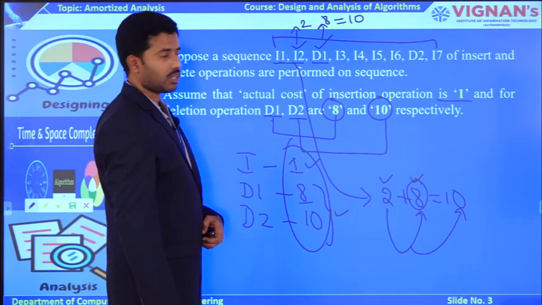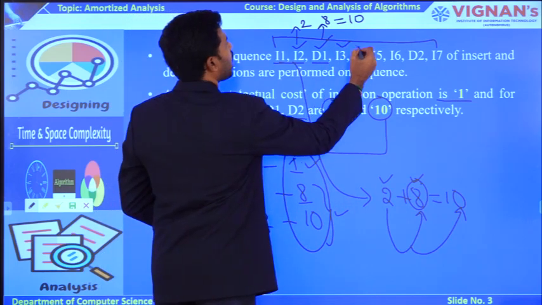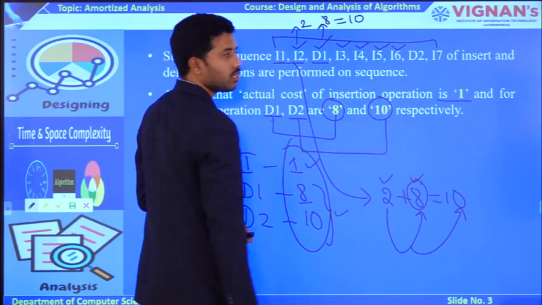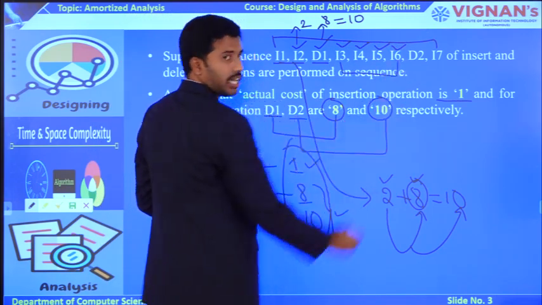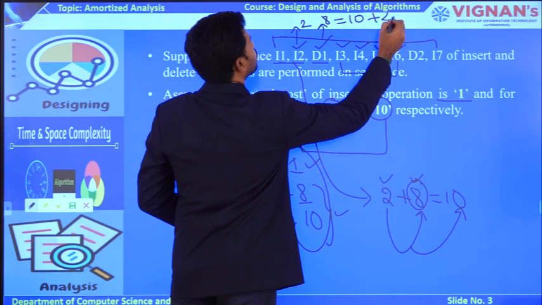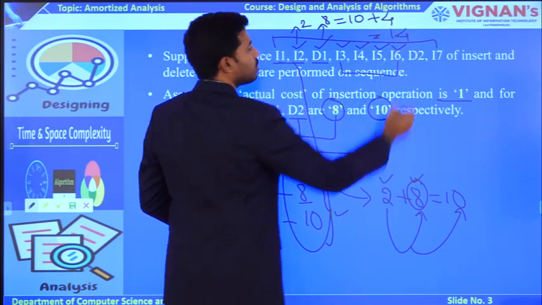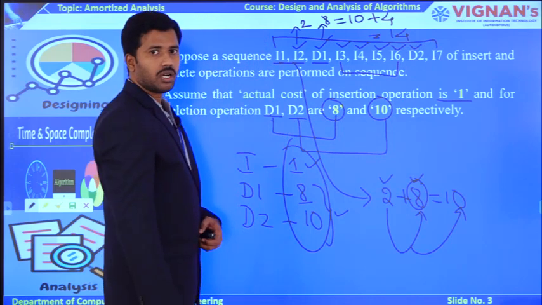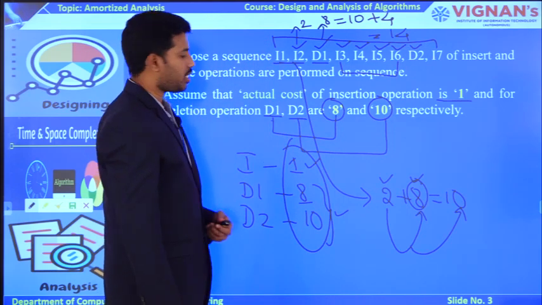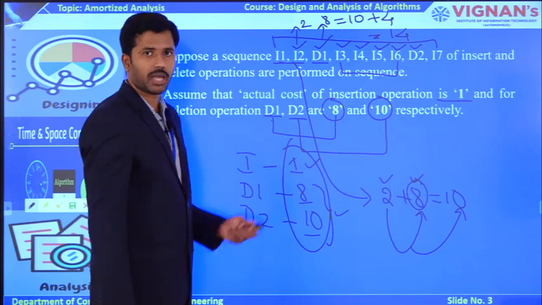complexity of 10. After executing I3, I4, I5 and I6, how many insertion operations are there? Total 4, which is 10 plus 4, nothing but 14. But what about D2? What is the cost to perform the D2 operation? It is going to be 10. This is my assumption only.